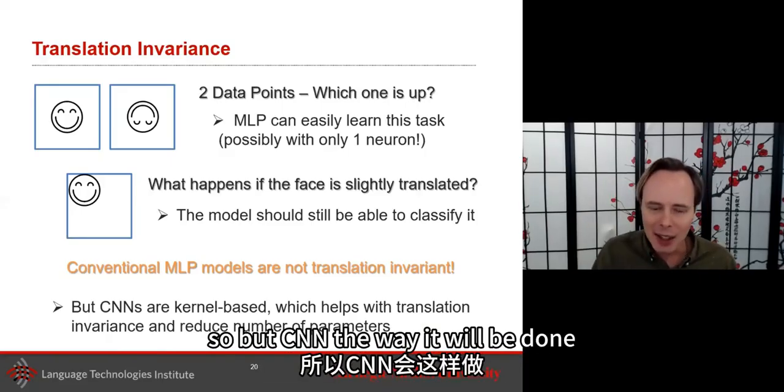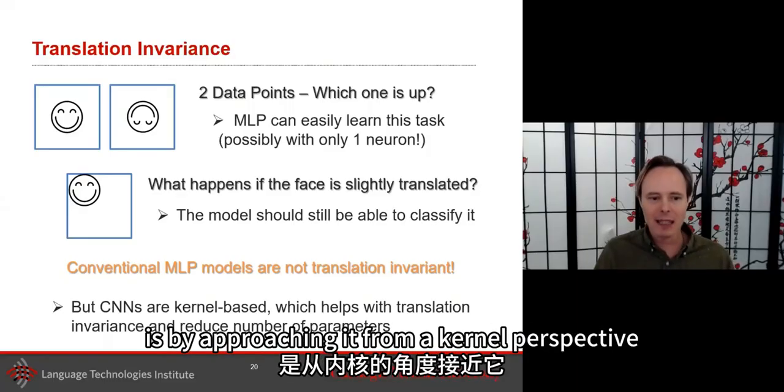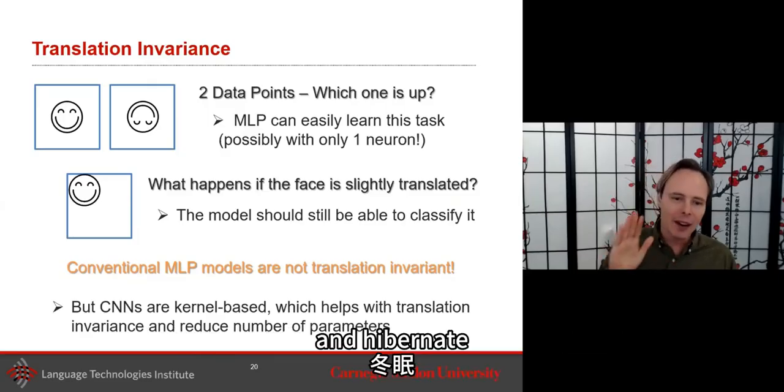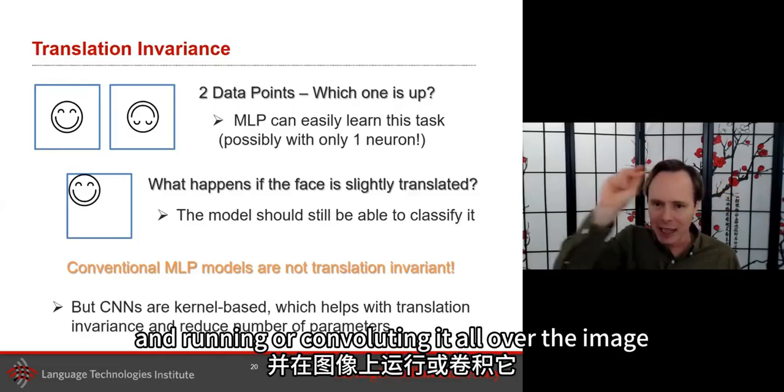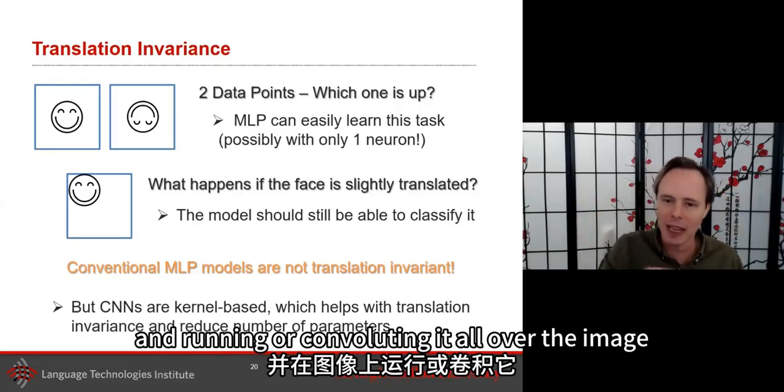But with CNN, the way it will be done is by approaching it from a kernel perspective and hierarchically, by running or convolving the kernel all over the image.